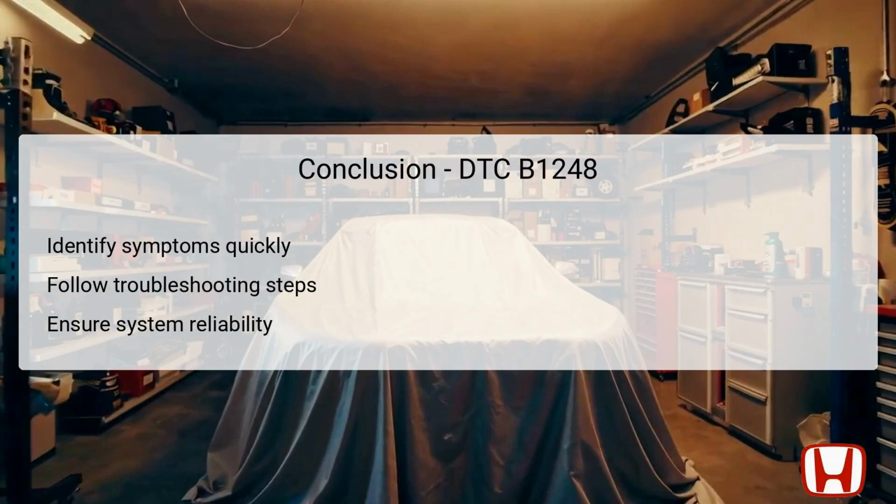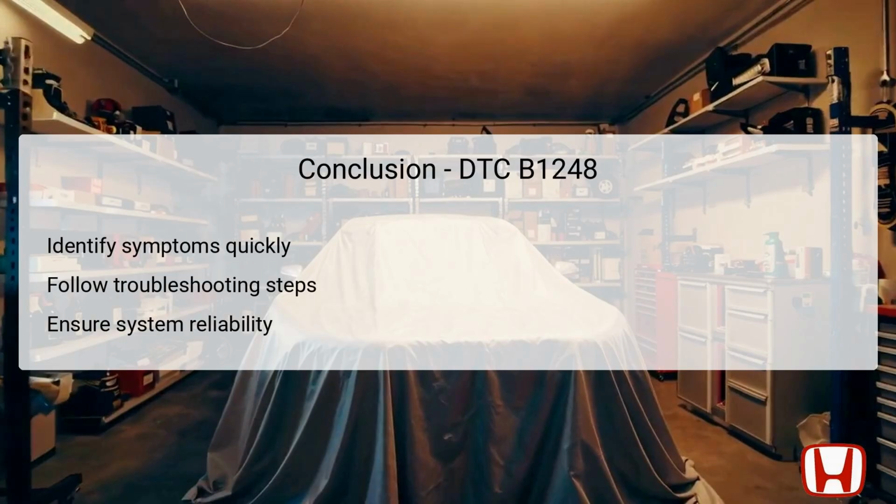In conclusion, understanding and recognizing the symptoms associated with DTC B1248 is essential for efficient repairs. By following the detailed troubleshooting steps outlined, technicians can accurately identify the root cause of the error and take appropriate corrective actions. Ensuring the reliability of the rear mode control motor, HVAC control unit, and their connections is crucial for effective climate control.